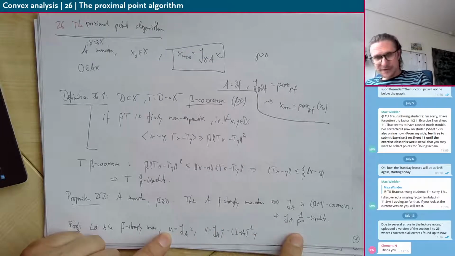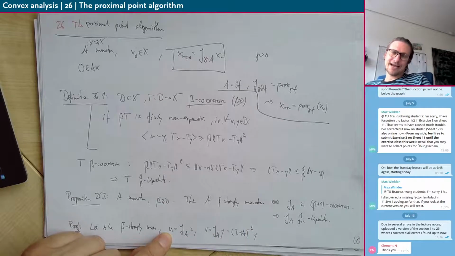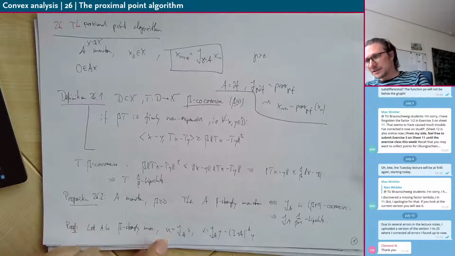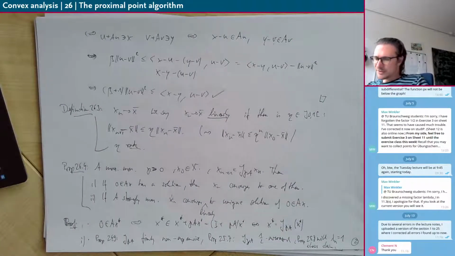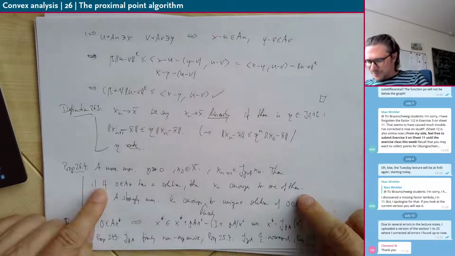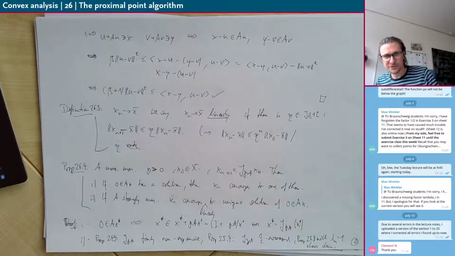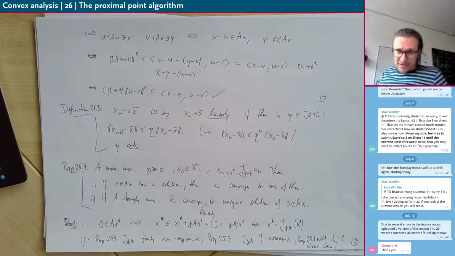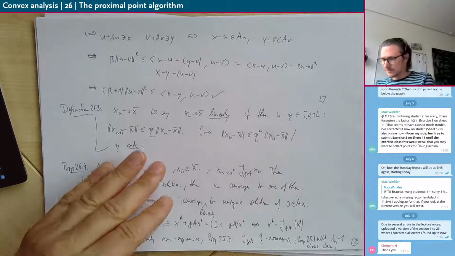What we already knew is that monotone operators have firmly non-expansive resolvents. These two things are enough to invoke our general results about Krasnosel'skii-Mann iterations to show that if you have a maximally monotone operator, proximal point methods converge to a solution if there's one, and if you have a strongly monotone operator, there is always a unique solution guaranteed, and the proximal point algorithm converges linearly towards that.